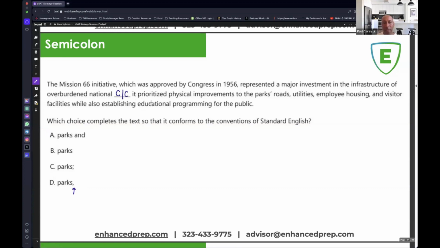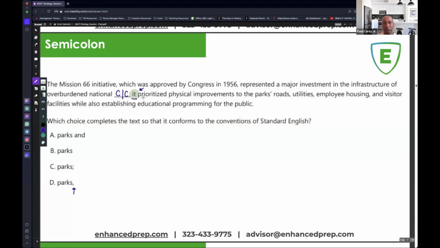One thing to keep in mind is that when we have "it," and the sentence still connects this way, then we know what the "it" represents. If this would have been a period and it would have started with "it," then that would be a different type of situation because we need to make sure we know what our subject is. However, because we don't have that period there, we know that this is complete and this is complete.